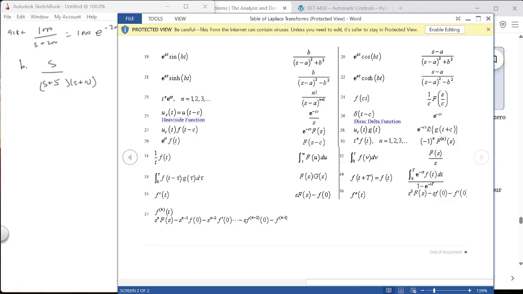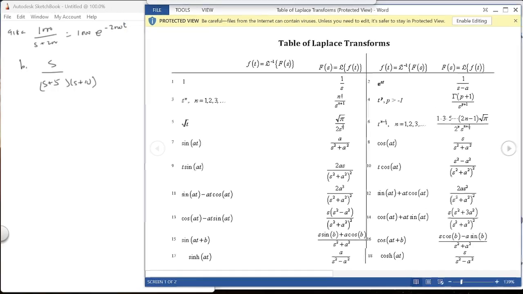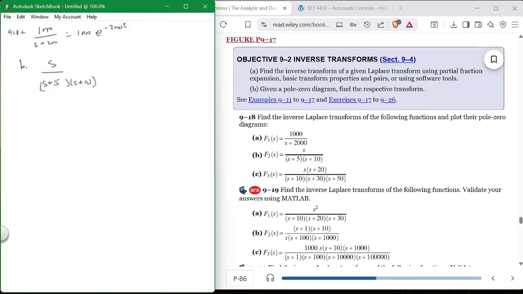Now, some sheets do have this kind of thing on them, but this one, I don't see it on there. Does anybody see it on their sheet? No. So what must you do? You must go with separation of variables to get it to something that you can put on this sheet. Separation of variables is the only way to do this.